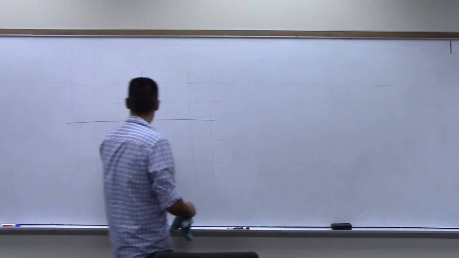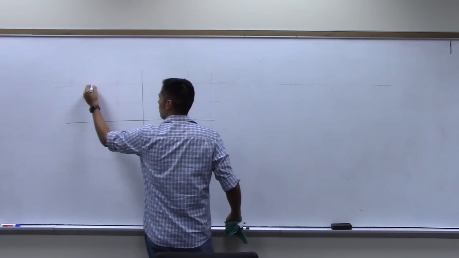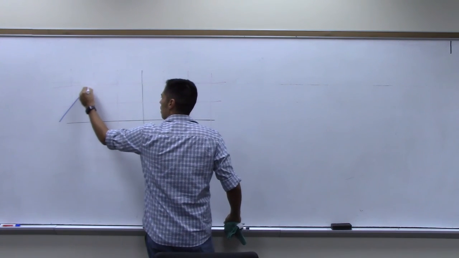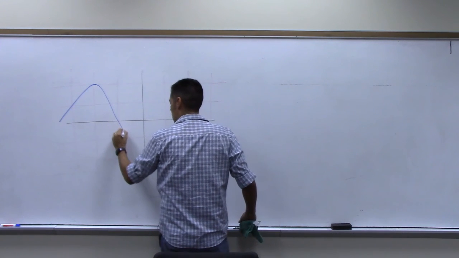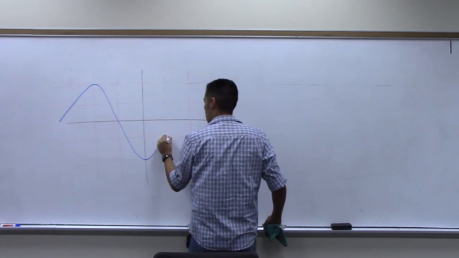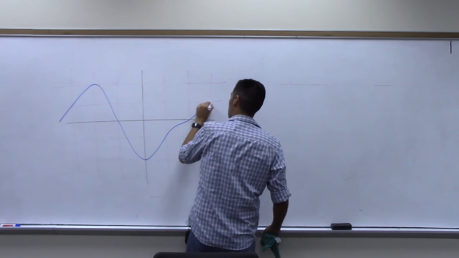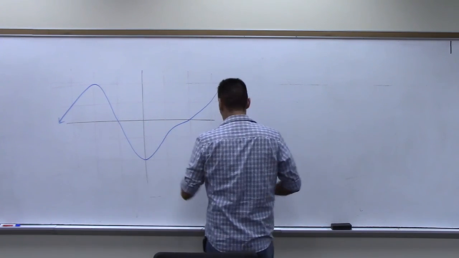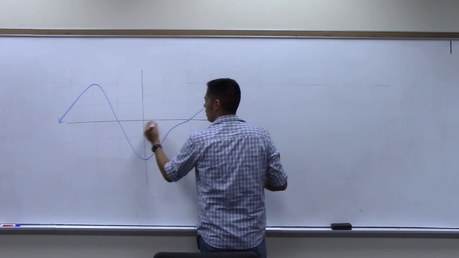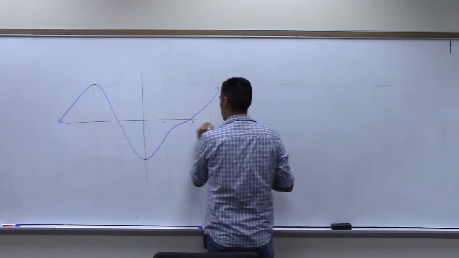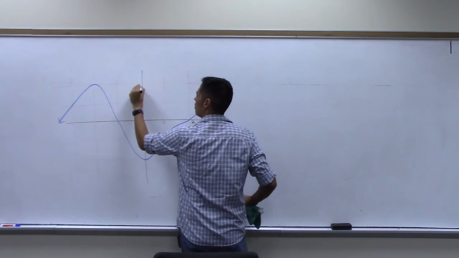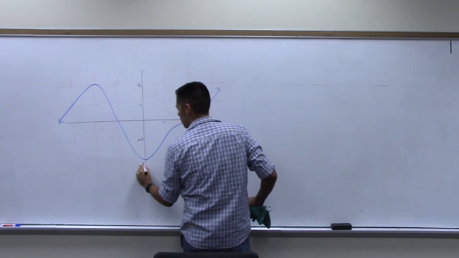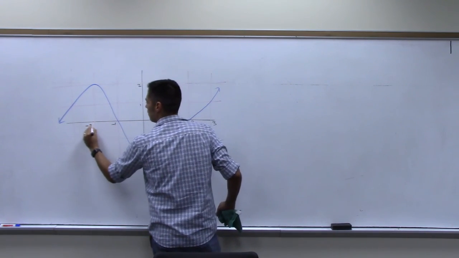So let's say something like that. And then we'll make this 1, 2, 3, 1, 2, -1, -2, -1, -2, -3.